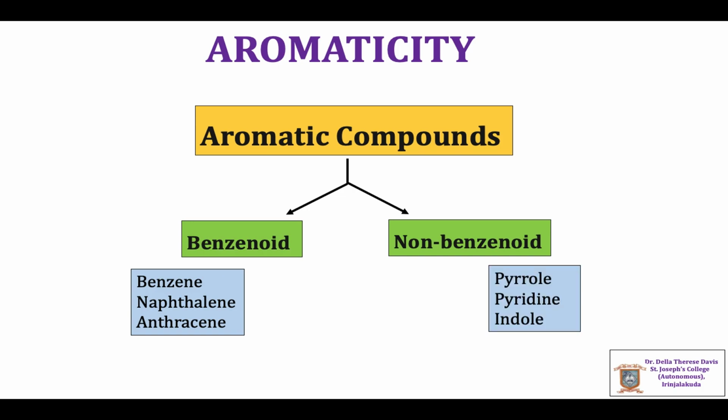Pyrrole, pyridine, indole, etc. are examples for non-benzenoid heterocyclic compounds. And both benzenoid and non-benzenoid aromatic compounds obey Huckel's rule of aromaticity.